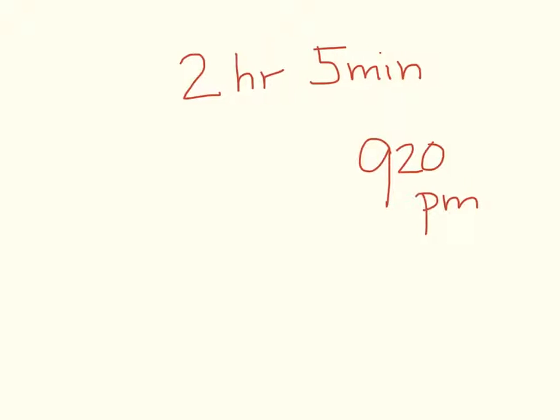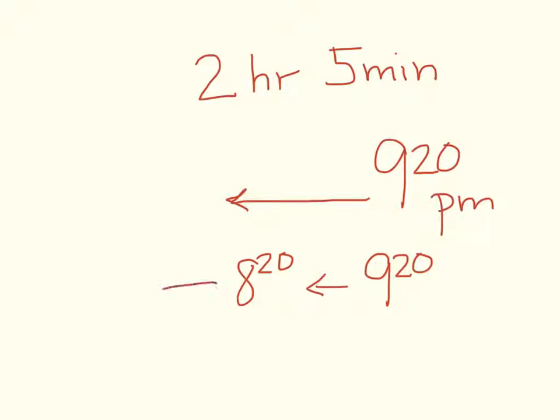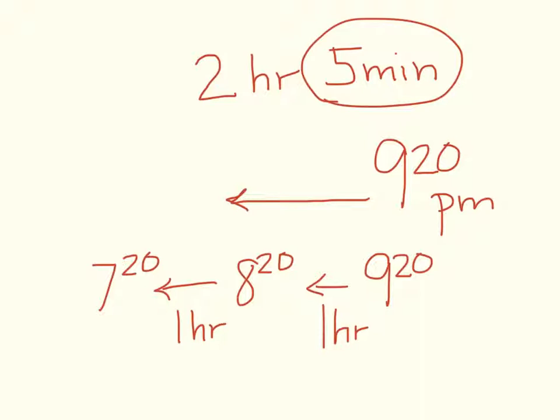So we need to back up and say our 9:20 has to go 2 hours and 5 minutes earlier. So we would go from 9:20, back an hour would be 8:20, back another hour would be 7:20. Now that gives me 1 hour and 2 hours, but I still have 5 minutes that need to be moved back.